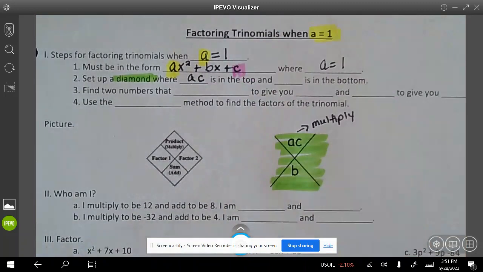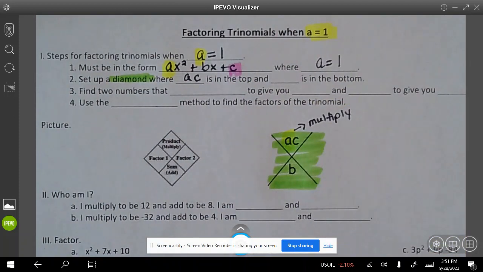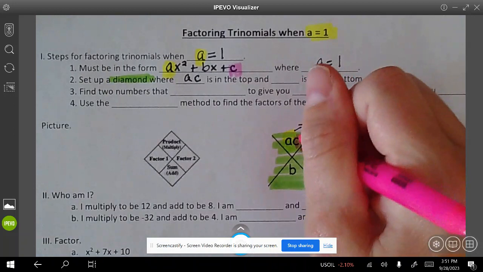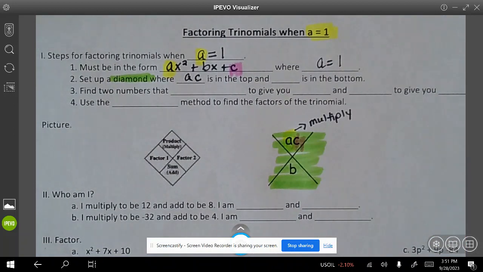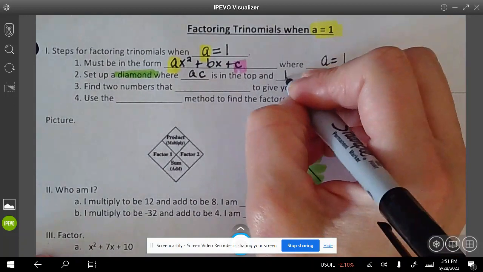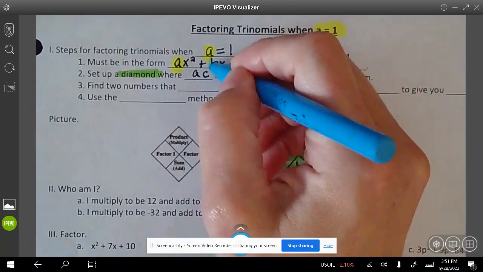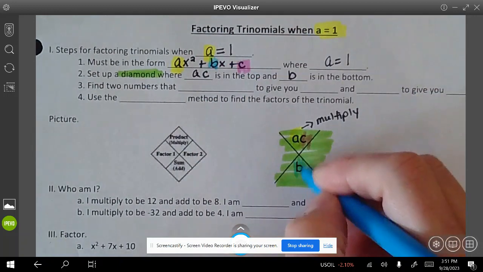So I'm talking about AC, okay? This is your A, I've already put green over that, and this is your C. AC goes in the top, and in the bottom, you put B.